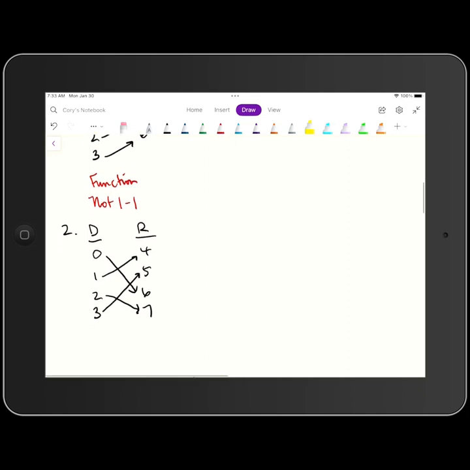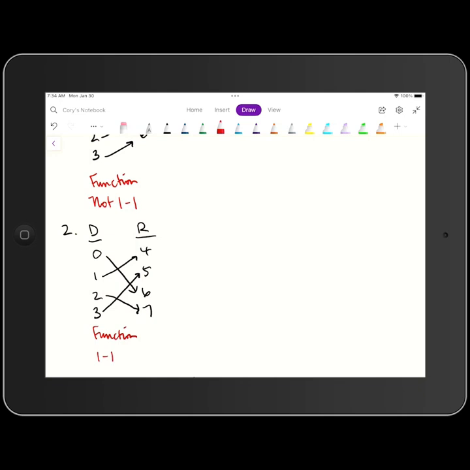Is that relation a function? Yes, the relation is a function, because each domain value only goes to one range value. And this function is also one-to-one because each domain value goes to a unique range value. There are no two domain values that go to the same range value.